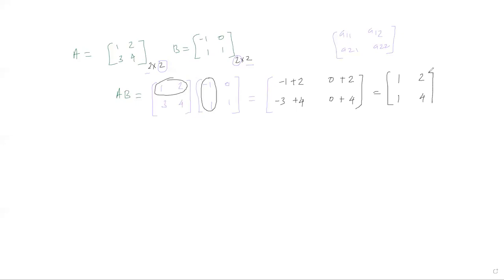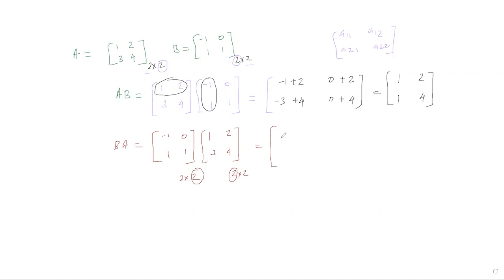You got AB. Now we'll see what about BA. B is written first: -1 0 1 1, then 1 2 3 4. Checking the order, first is 2 by 2, second is 2 by 2. The number of columns of the first is equal to the number of rows of the second, so you can multiply.